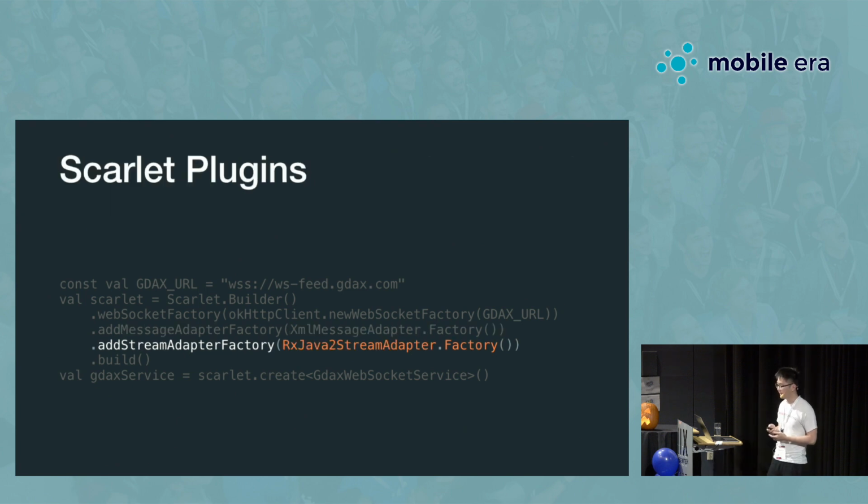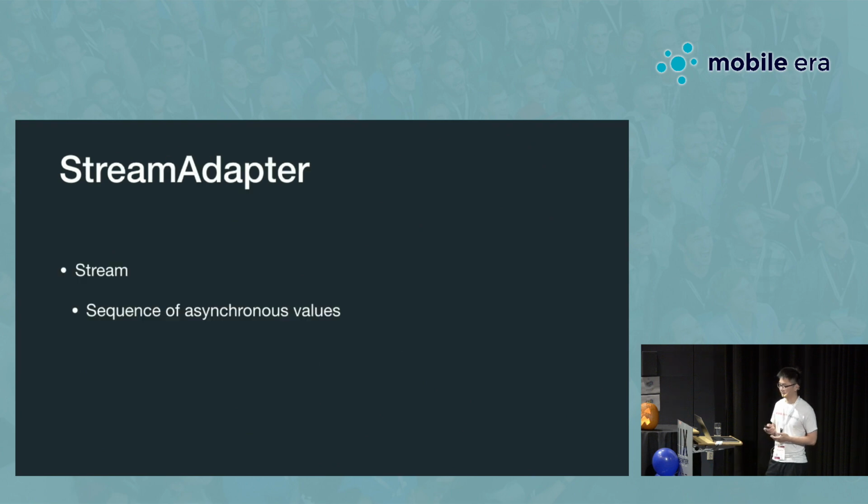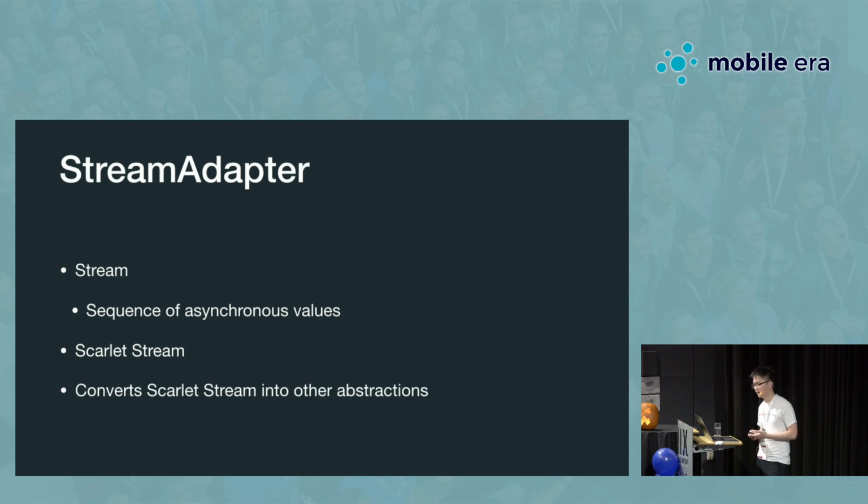And stream adapters. The data we receive from the server in a WebSocket connection is a stream, which is a sequence of asynchronous values. Scarlet has a built-in stream type.